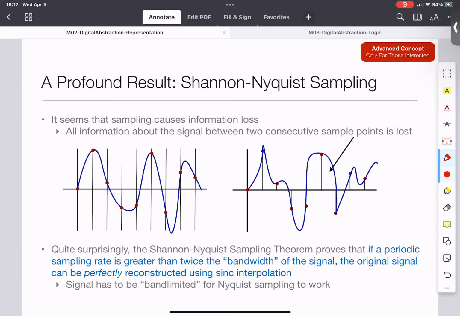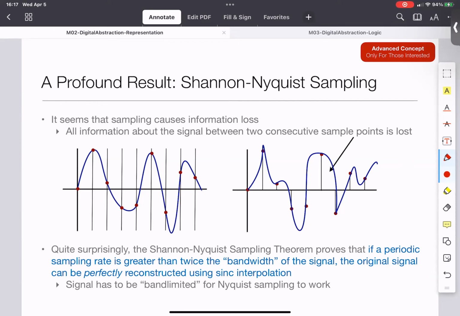If in math you learn about the Fourier transform, I can take any signal and do its Fourier analysis. Essentially, I can think of it as a summation of sine waves, very crudely speaking. So you can ask, what is the highest frequency sine wave that needs to be part of that combination?